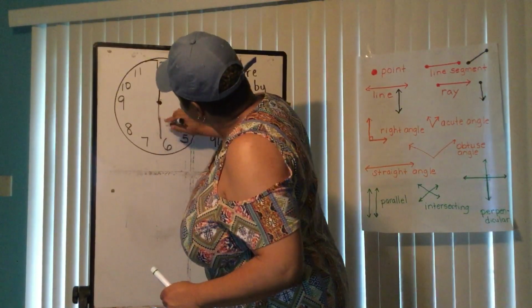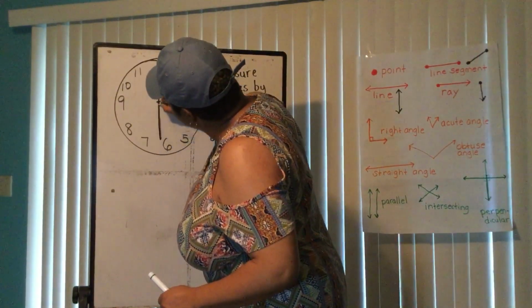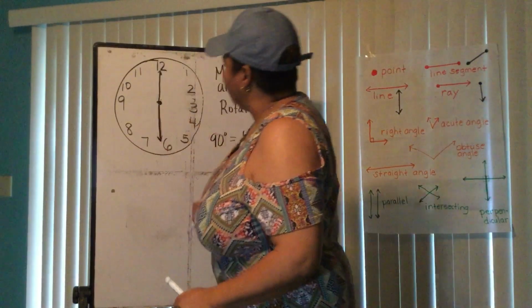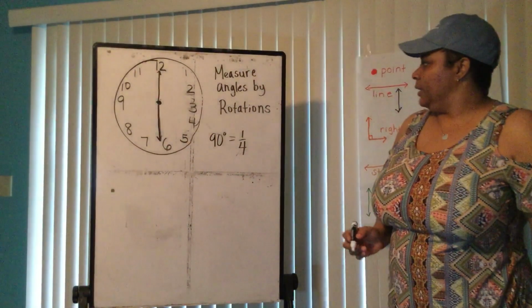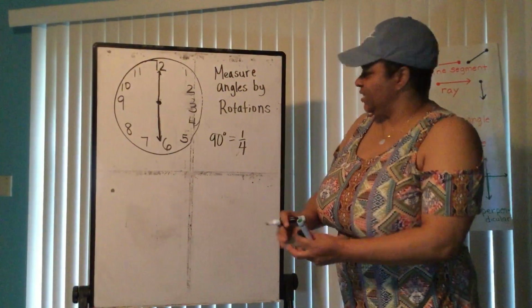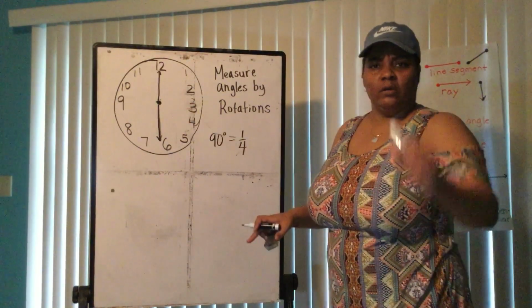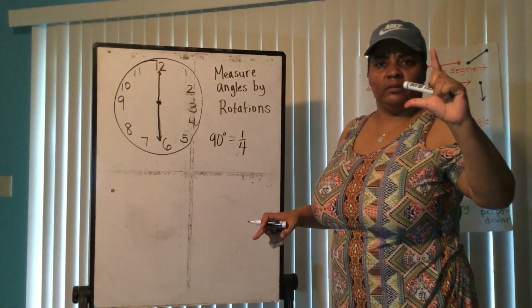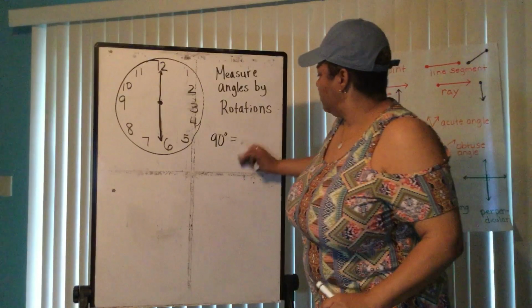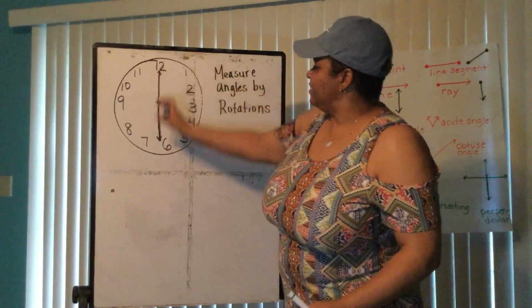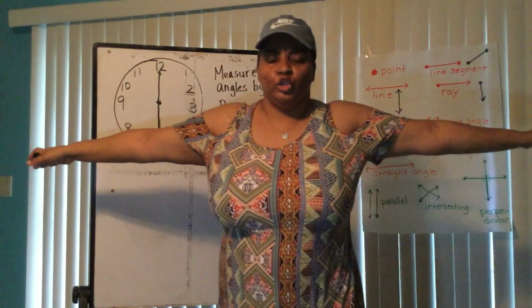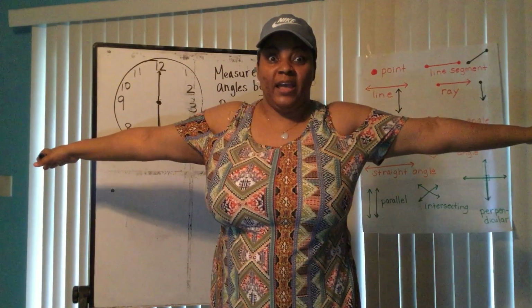Miss Haynes is going to get her drawing a little bit better. Is this a right angle looking like the letter L? What kind of angle is this? Straight angle, right?